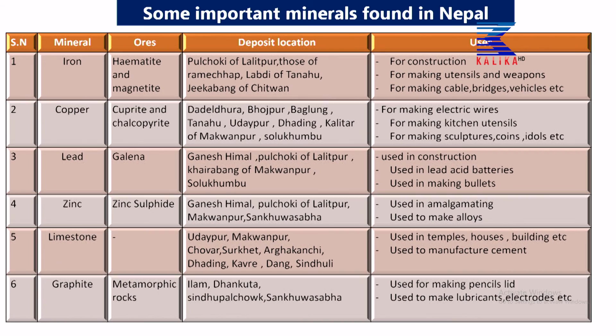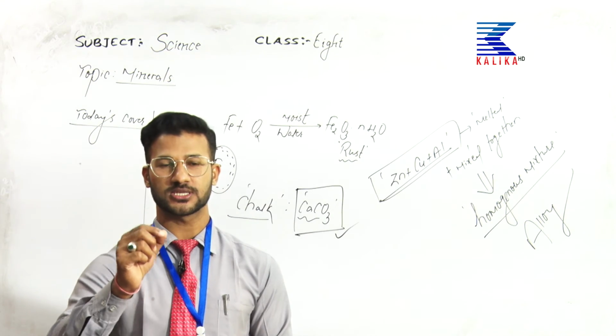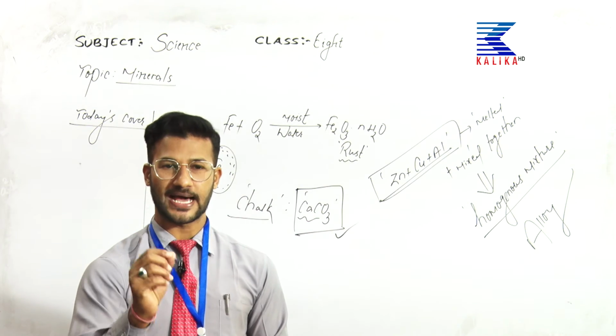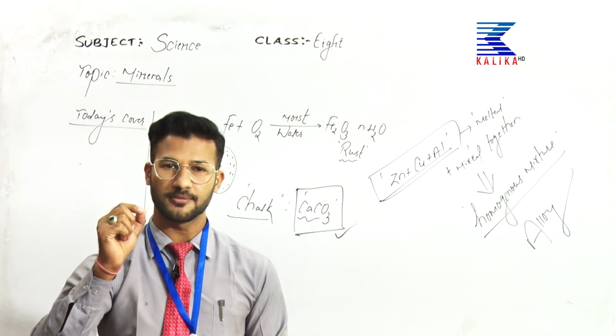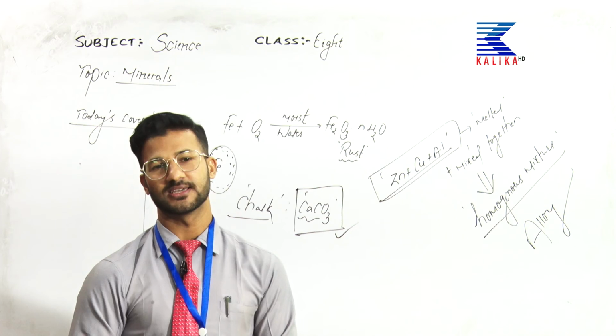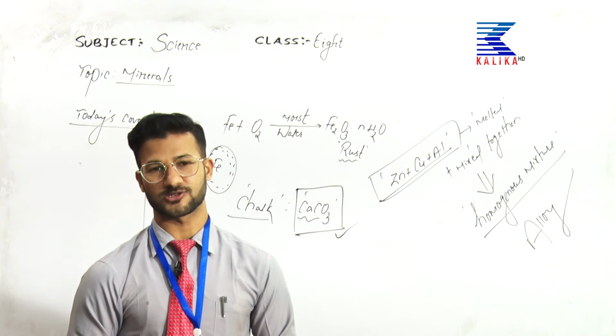You must know the black or dark grey pencil lead is made up of graphite, of course. And because graphite, even being a non-metal, conducts electricity very well. It is the only non-metal purely made up of carbon, still it is a good conductor of electricity.